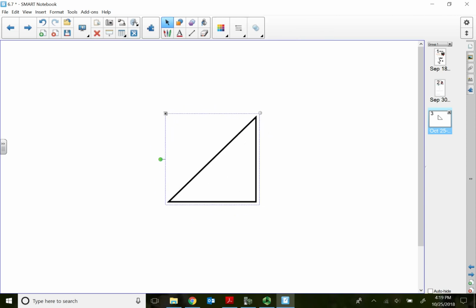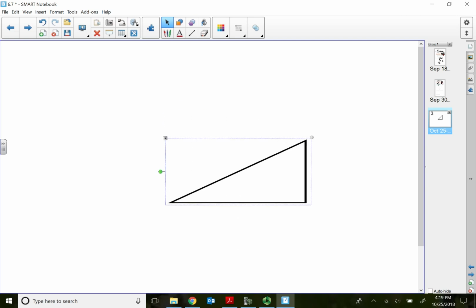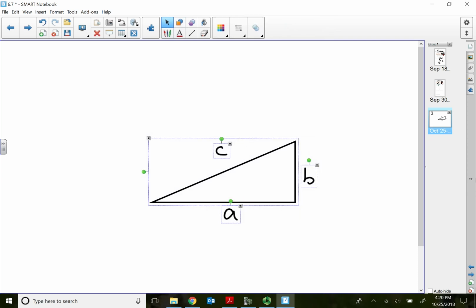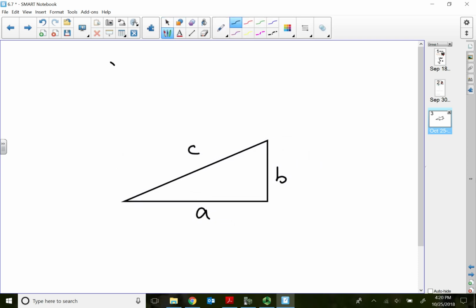Not quite like it, but it's close enough. This is C, this is A, and this is B. So when the formula says C squared or A squared, it doesn't matter. Sometimes I say C squared first, sometimes I say A squared plus B squared first.